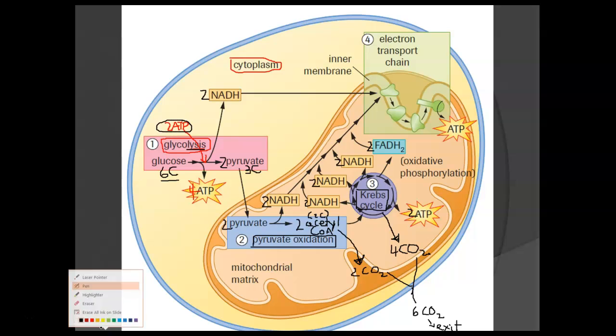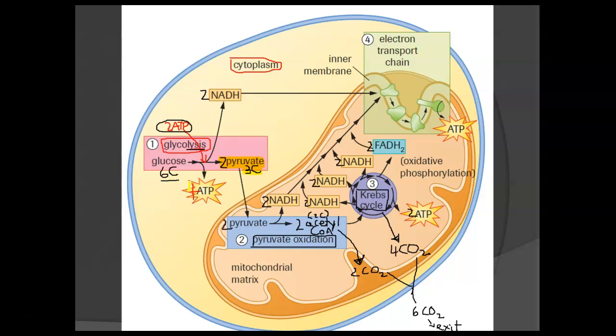Those 2 ATP molecules are going to power the initial breaking down of the glucose molecule. And that glucose molecule will be cut in half into 2 pyruvate molecules. Each pyruvate is a 3 carbon molecule. So we've taken a big 6 carbon molecule and broken it down into 2 smaller 3 carbon molecules.